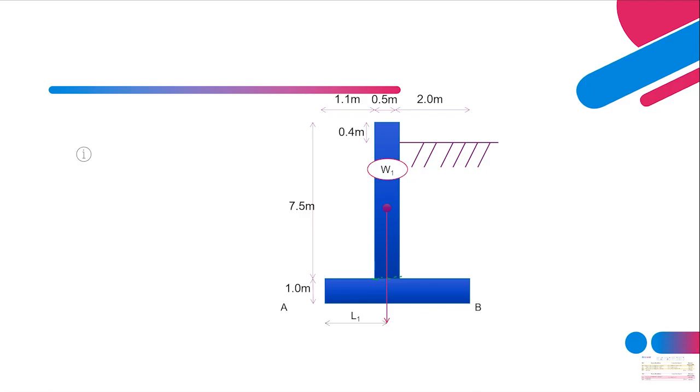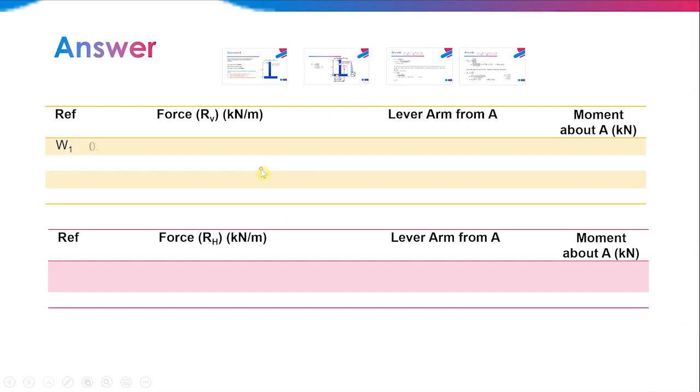Okay, so W1, calculate its area, 0.5 times 7.5. So W1 is 0.5 times 7.5. Okay, this is the unit weight of concrete or unit weight of the retaining wall itself. So this is the area, and this is the unit weight of concrete or retaining wall.